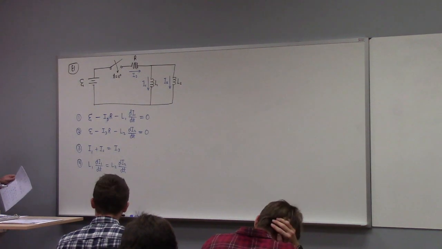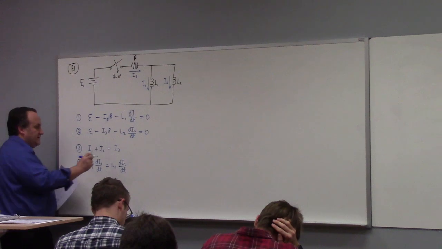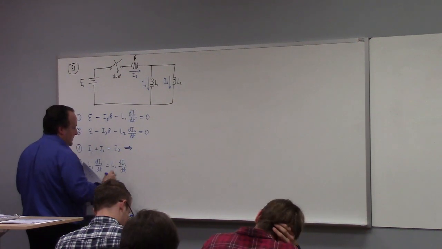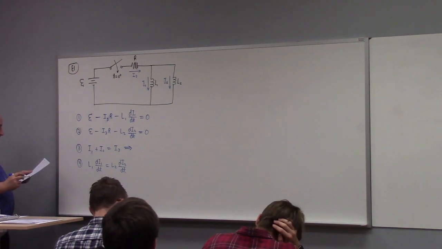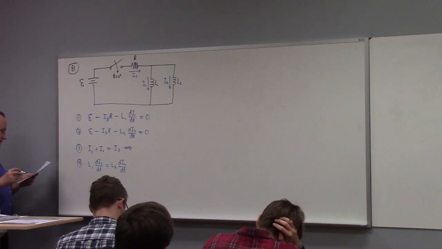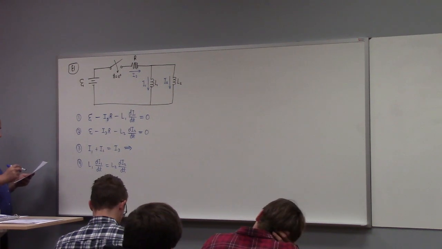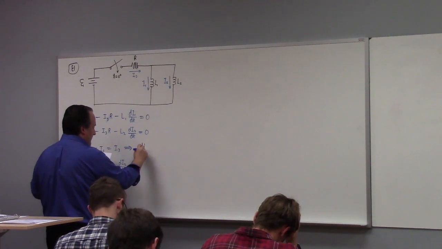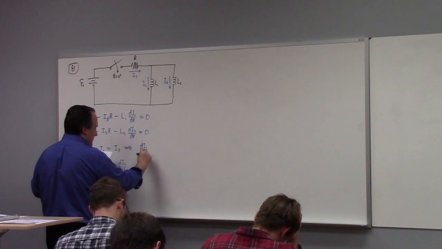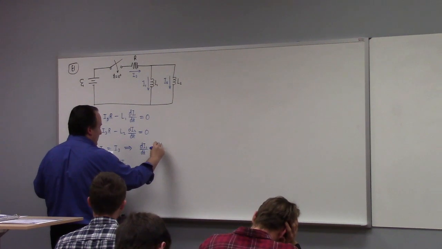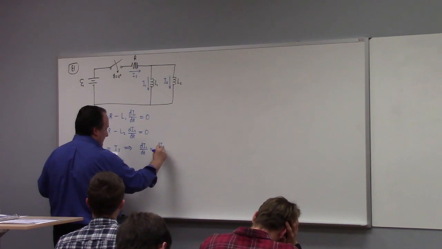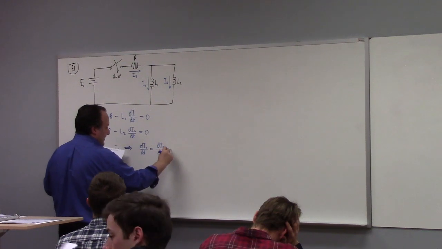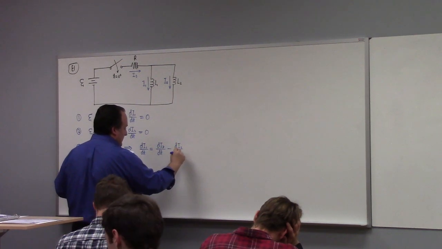One of the first things I did as I solved this later, away from the corrupting influence of CFAW visitors, is I differentiated equation 3 and solved it for di1. So di1/dt is equal to di3/dt minus di2/dt.